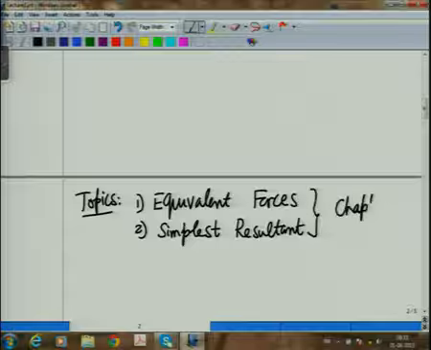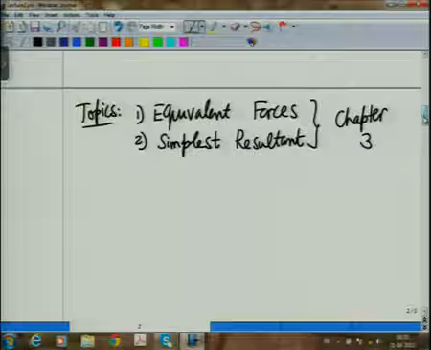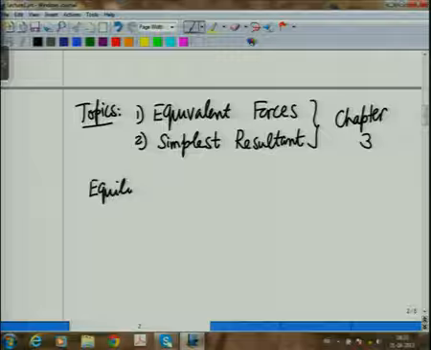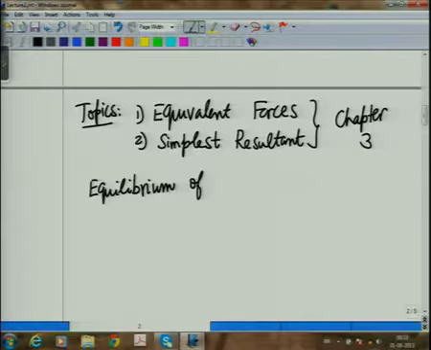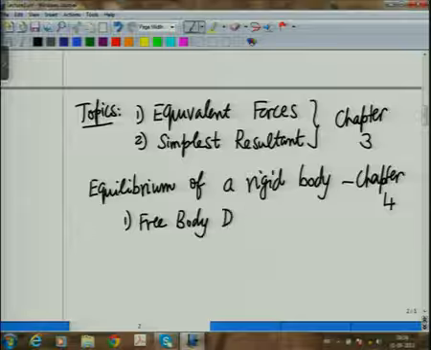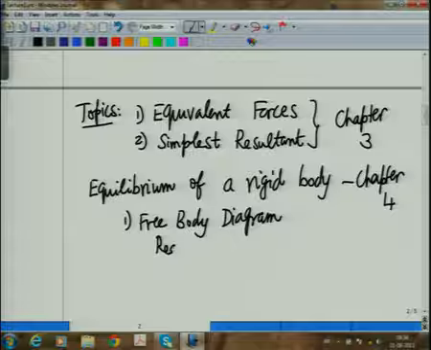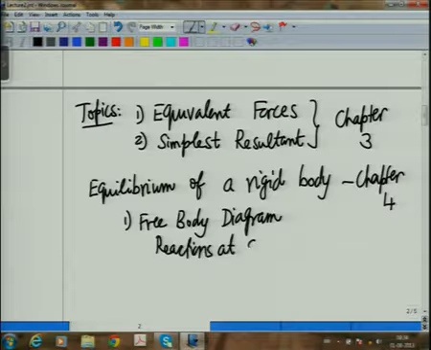So both these things are part of chapter 3, and then we will move on to equilibrium of a rigid body, which is chapter 4, and in this we will start with the concept of a free body diagram, and there we will talk of reactions and supports.